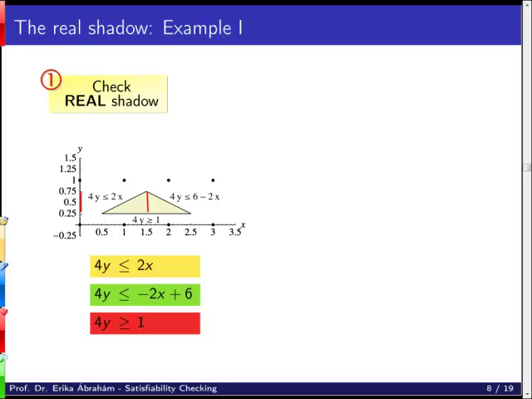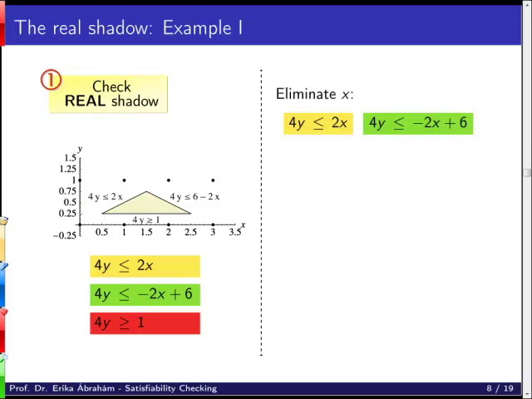So we now apply variable elimination, real variable elimination, in that first we eliminate x. This is just a choice. We define an order. We have two variables, x and y, and we can eliminate one of them first. Let's say we choose x first, and these are the two constraints containing x, one defining a lower bound, one defining an upper bound by multiplying with -1.